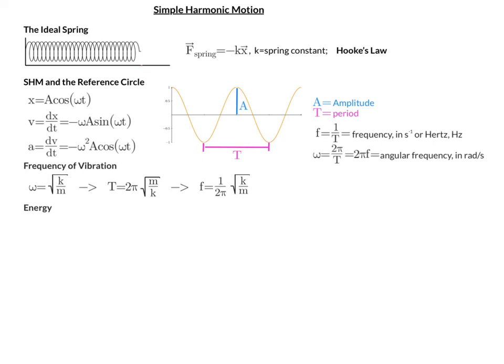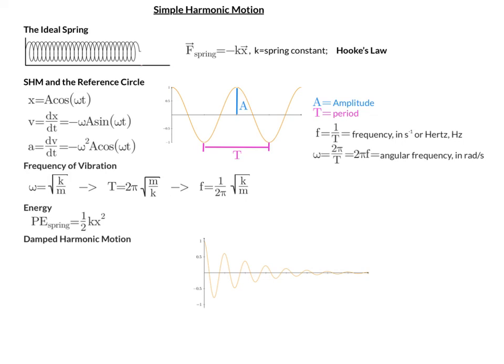You know that it's going to decompress, it's going to try to go to equilibrium and dissipate that energy into a different form of energy. So the spring has stored energy, a potential energy, and that potential energy is a function of the spring constant and the displacement from equilibrium. So spring potential energy is 1/2 kx squared.